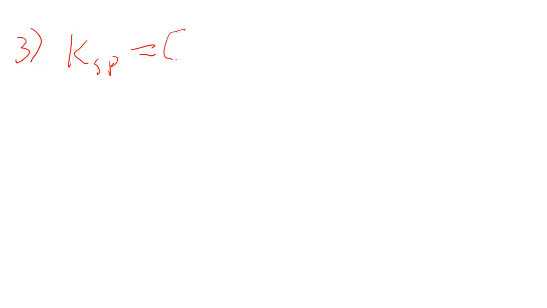So we know that we would write our Ksp as Ca2+ times our hydroxide ion concentration squared, because there's 2 hydroxides for every 1 calcium. So that's going to give you your value of Ksp.